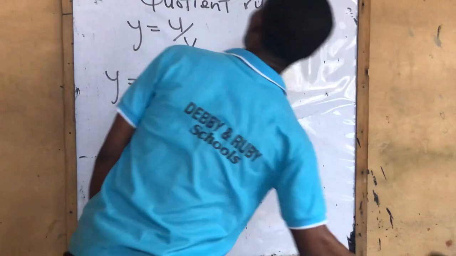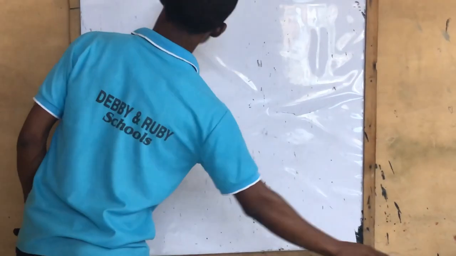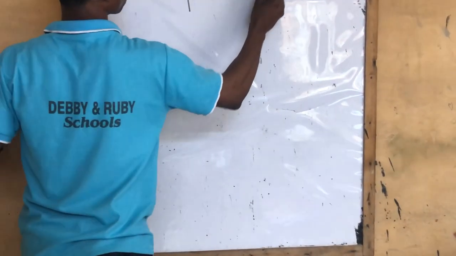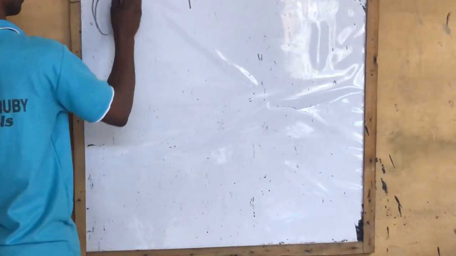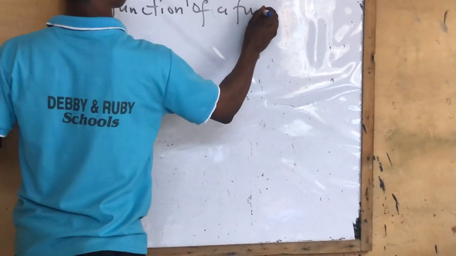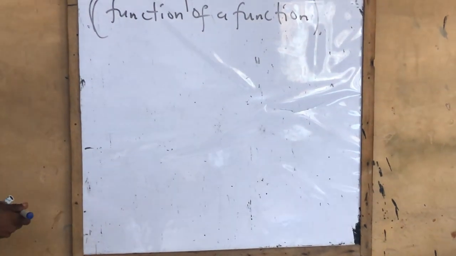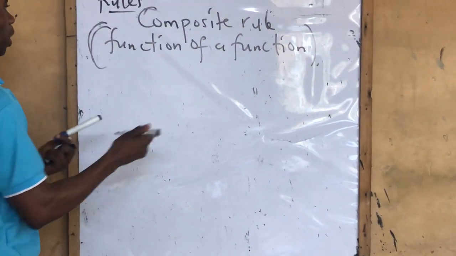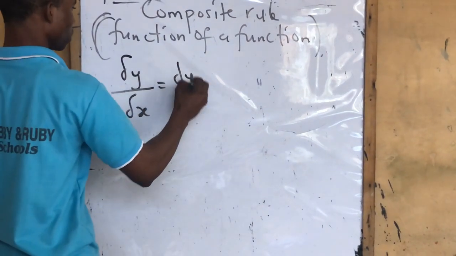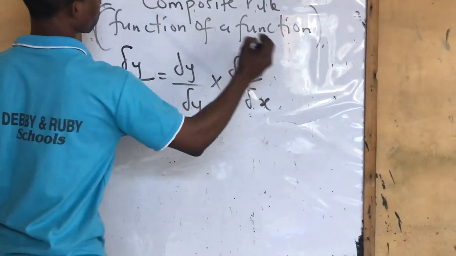Now we have the composite rule. We also call it function of a function. You can even call it the chain rule. Now, the formula: dy/dx for that one is dy/du multiplied by du/dx.